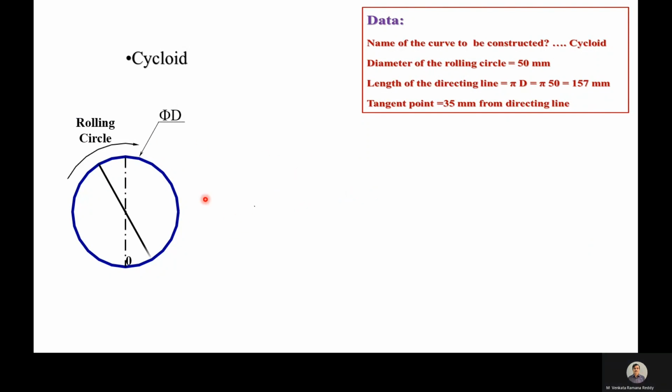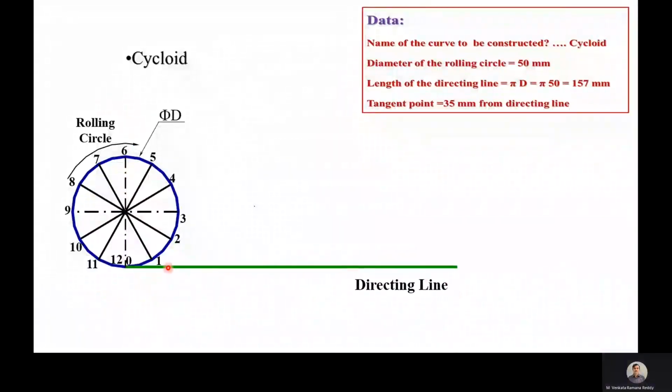Then the circle rolls in clockwise direction. Divide the circumference of the rolling circle into 12 parts. After that, draw a tangent to the rolling circle. The length of the tangent is pi d because the circle is going to roll for one complete revolution.